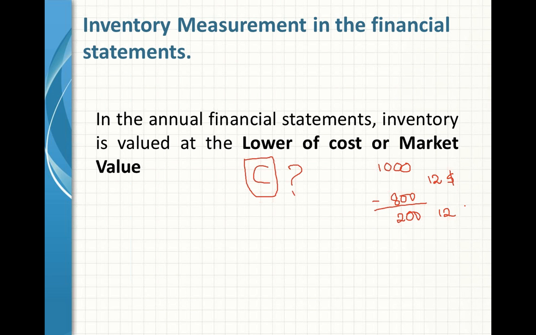So obviously the value of closing stock is 200 units times $12, that is $2,400. But we should apply the LCM method to value this inventory to report in our financial statements. What is LCM? LCM is lower of cost or market value, which would be applied on our inventory to show the inventory value in your financial statements.